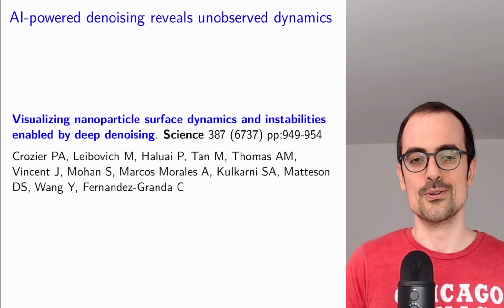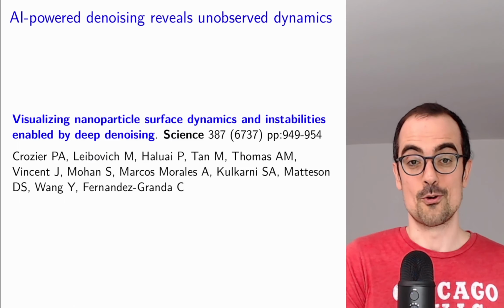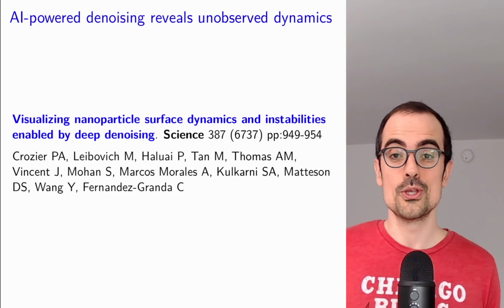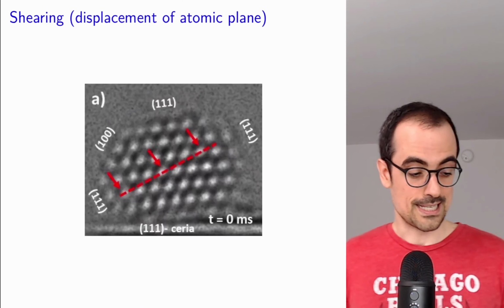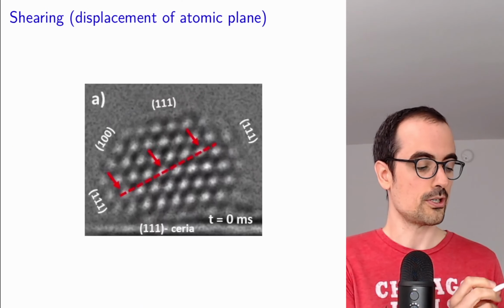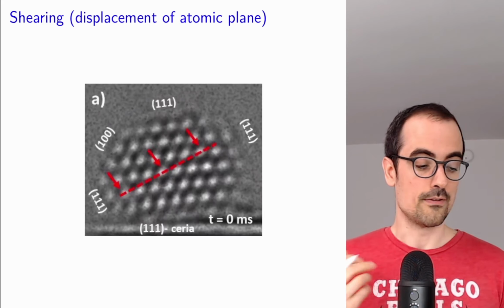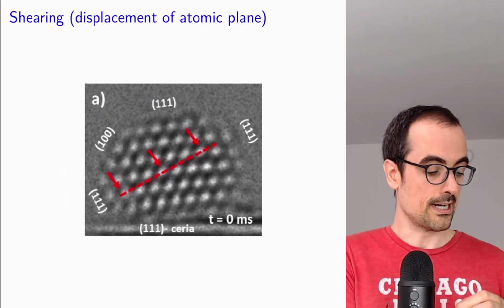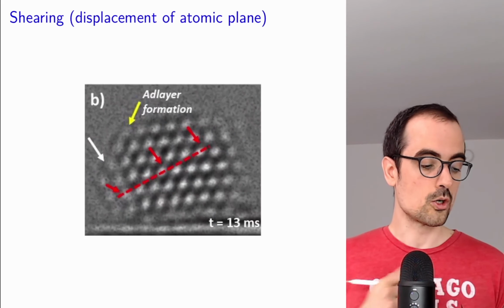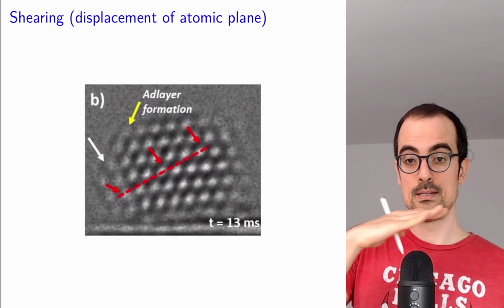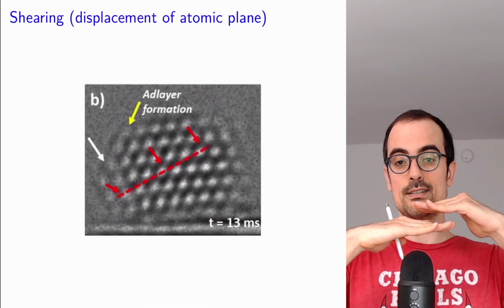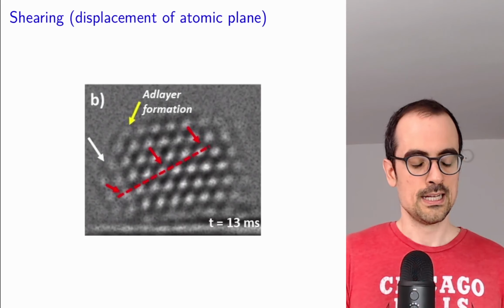So I will refer you to the Science article for more details, but I do want to show you a few examples. For example, they observed displacements of atomic planes within the nanoparticle, which are called shearing. So here, some planes of atoms within the nanoparticle are changing.